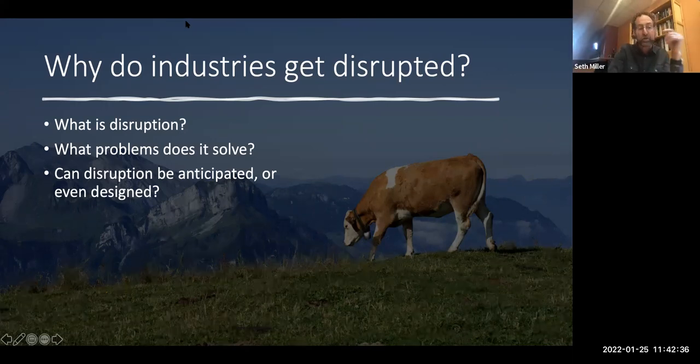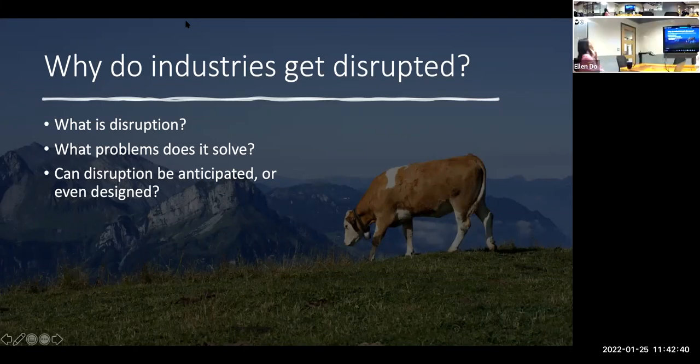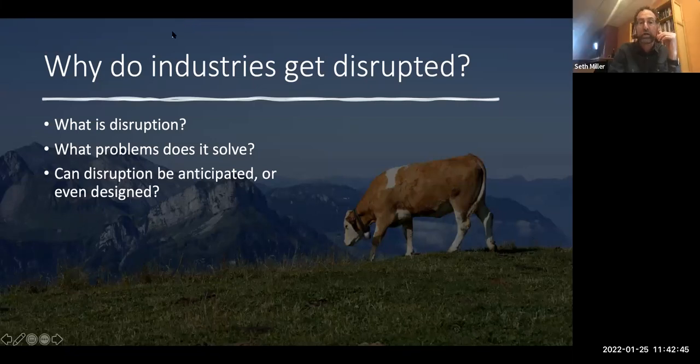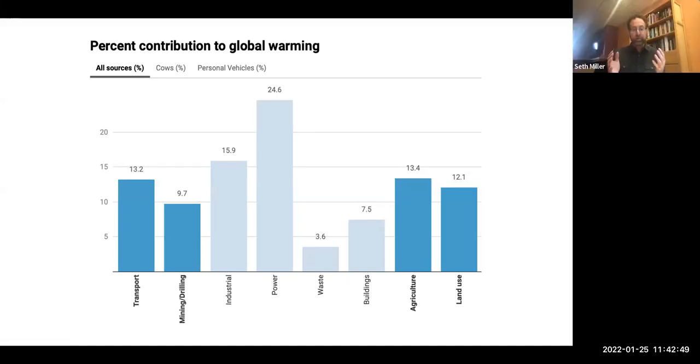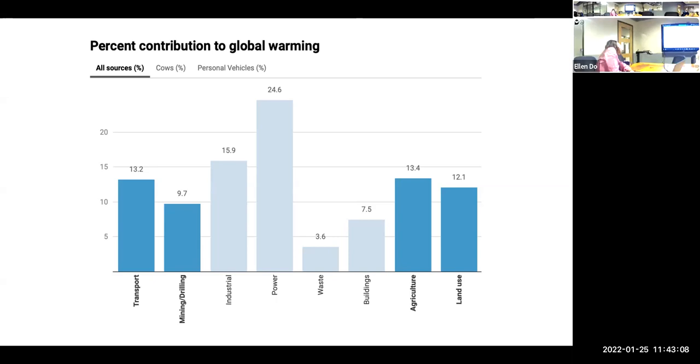The challenge with cows is when there are 1.5 billion of them occupying so much of the planet, we have a global warming problem with cows. The cows create an incredible footprint. If you take a look at the environmental footprint of every sector of the economy, the global greenhouse gases emitted, for example, by transport on the left side of the screen, that would include passenger cars and trucks, or agriculture on the right side of the screen, which would include cows and corn, chickens and soy, all of the different products that we make.